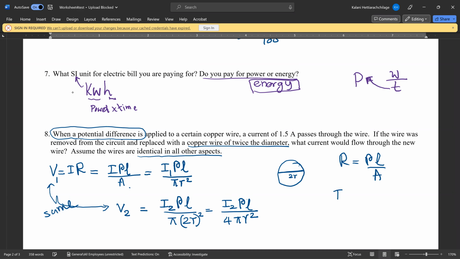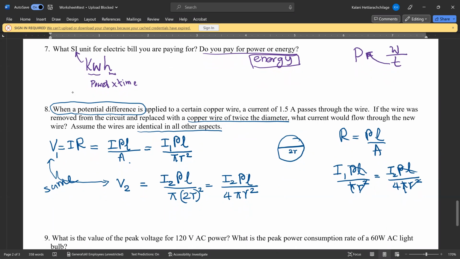I'm going to write I1 equal rho L over 5 r square should be equal to I2 rho L over 4 5 r square. So now you see that these parameters cancel out, this will cancel out, this also will cancel out, right? So only what is left is I1 equal I2 over 4.